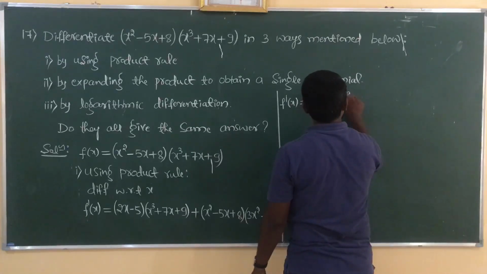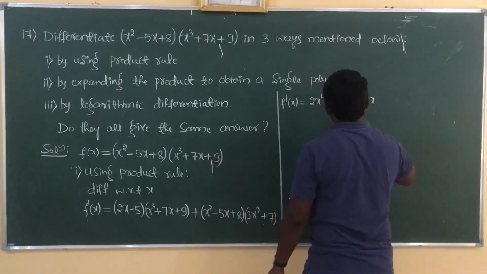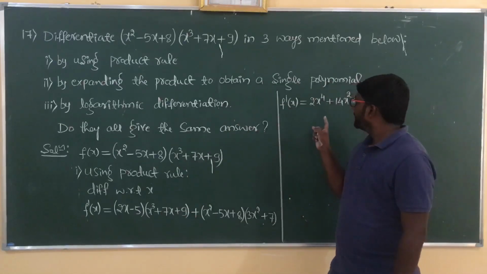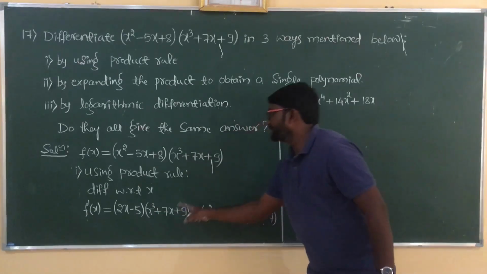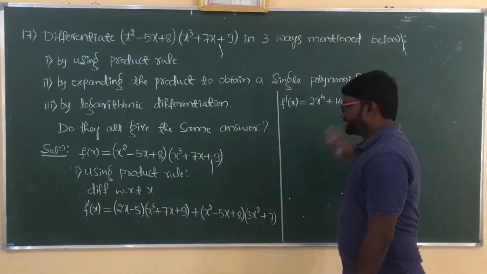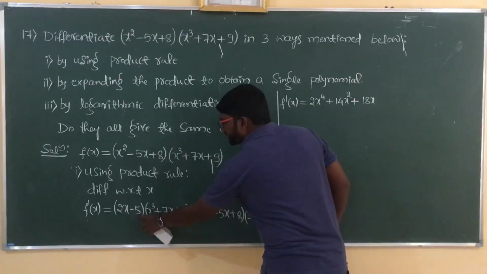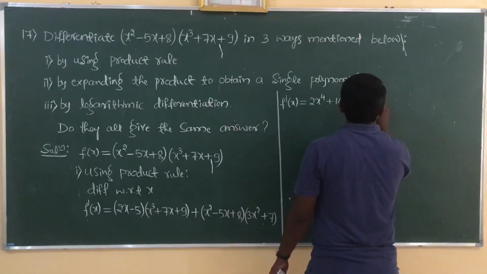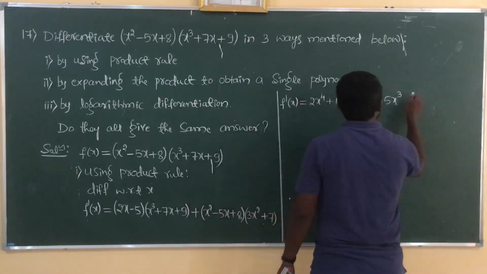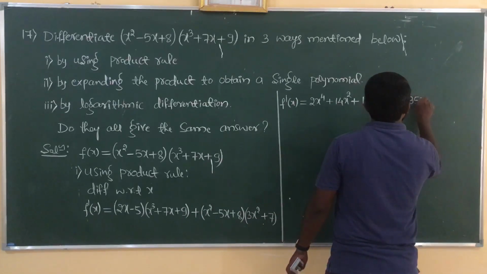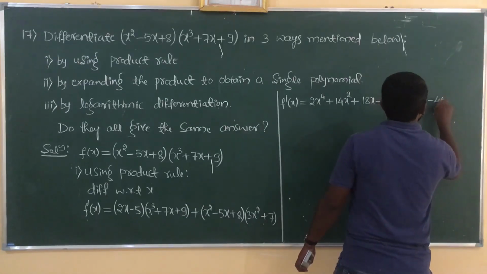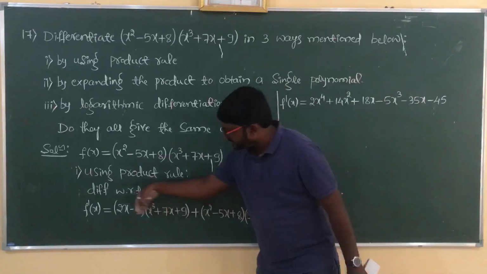See here, 2x into x cube is 2x to the power 4, 2x into 7x will be 14x square, then 2x into 9 is 18x. Then now multiply minus 5 with all these three terms. We get minus 5x cube, and then minus 35x, and then minus 45. So we are done with the multiplication of these two.